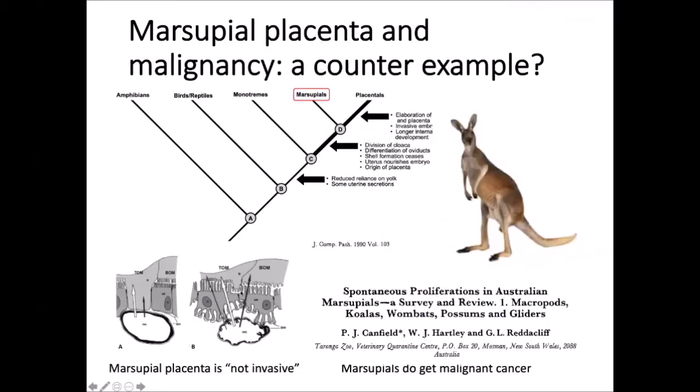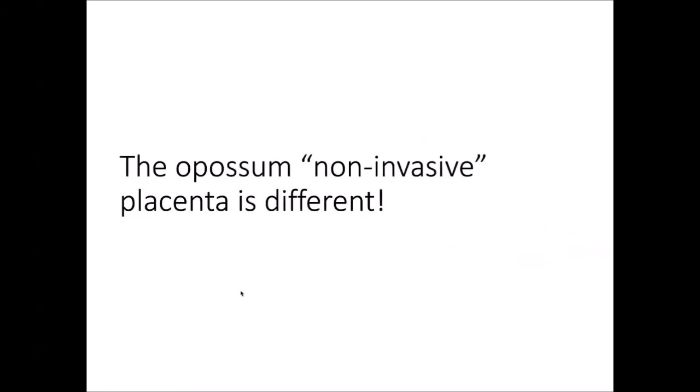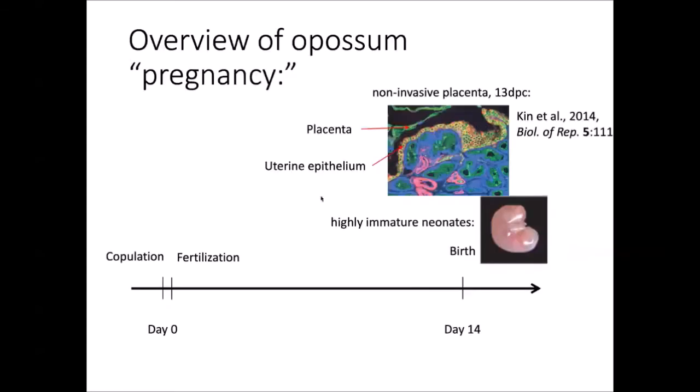Now the problem is that the opossum that we work on in the lab is the one we know most about. The so-called non-invasive placenta is actually different from what cows and horses are doing. First of all, you have to understand that the opossum pregnancy is rather short.